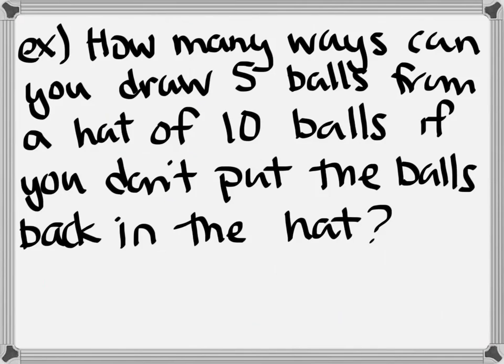Now here's another example. How many ways can you draw 5 balls from a hat of 10 balls if you don't put the balls back into the hat? Well, if I pull the first ball out, I have 10 ways to pull out the first ball, because there are 10 balls to choose from.